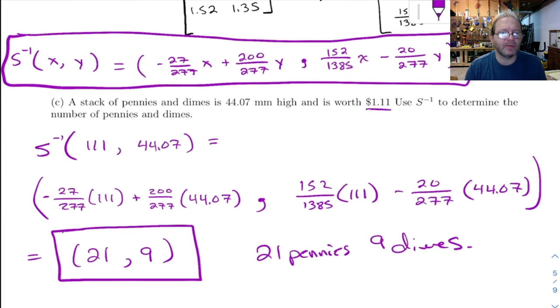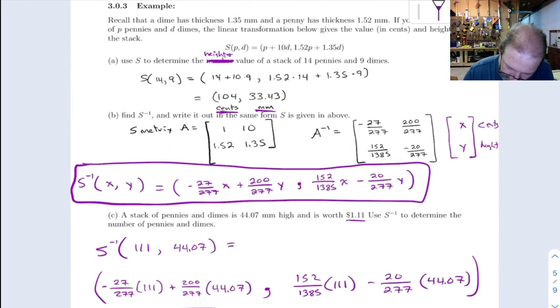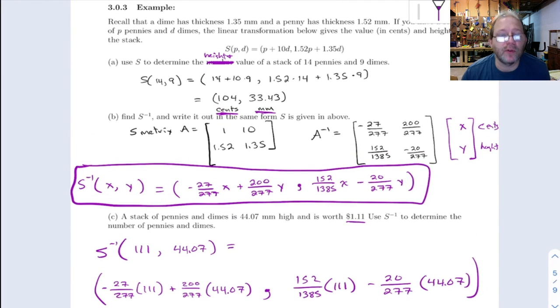Well, 9 dimes would be 90 cents plus another 21 cents, so $1.11. So this does work, even though this is kind of a dumb application. I can say that because I wrote the question, but it's actually using the idea of a linear transformation, and so it is an application of that. Although with a problem this simple, you'd probably just work it out some other way.